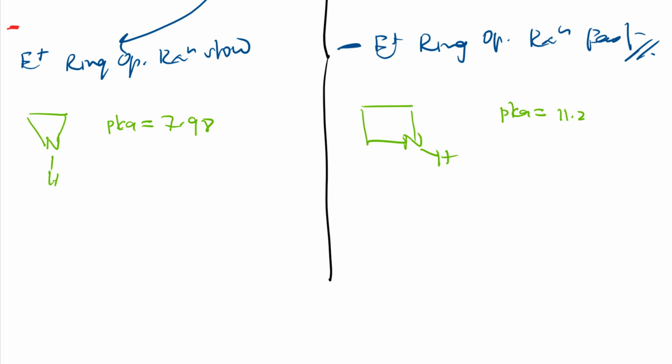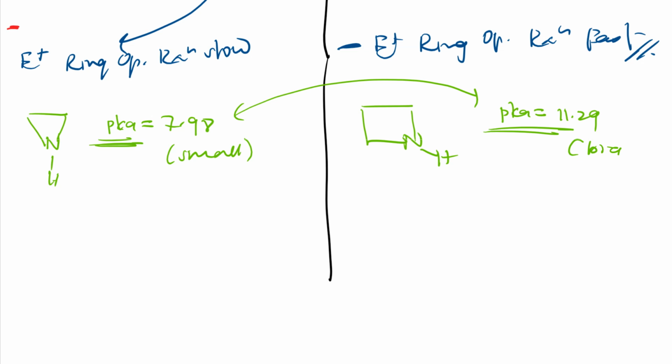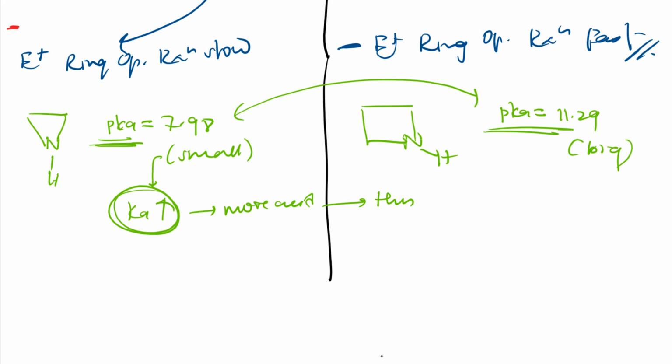I have told you, the greater the Ka, the smaller the pKa. Comparing these two, one pKa is small whereas the other is big. If its pKa is small, its Ka will be big. If its Ka is big, it means it is more acidic compared to this one, and this one is less acidic.